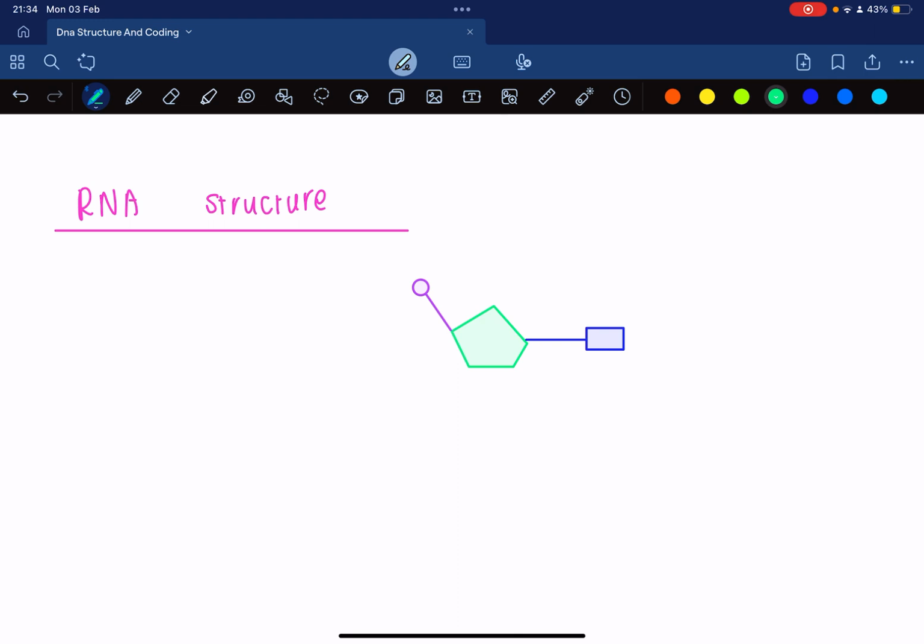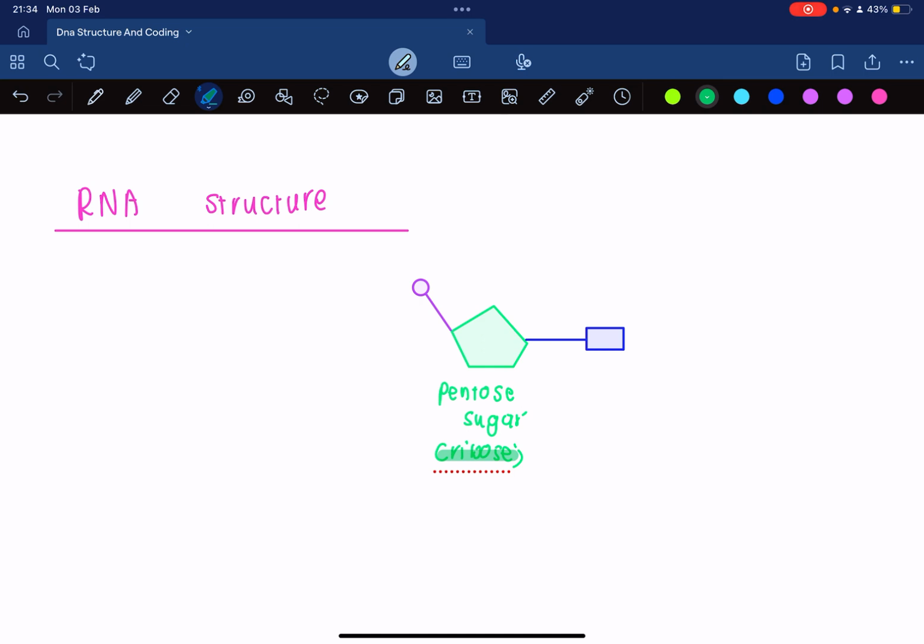So this pentagonal shape here is our pentose sugar. But it isn't just any pentose sugar. It is a ribose pentose sugar. It's important that you say ribose because that is what differentiates this pentose sugar from a deoxyribose pentose sugar.